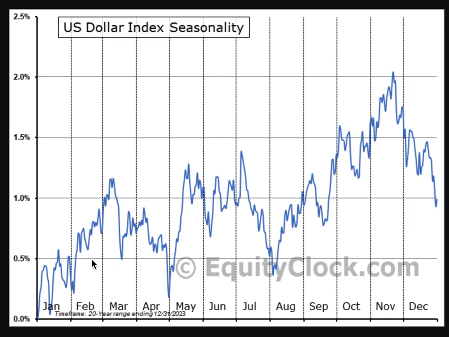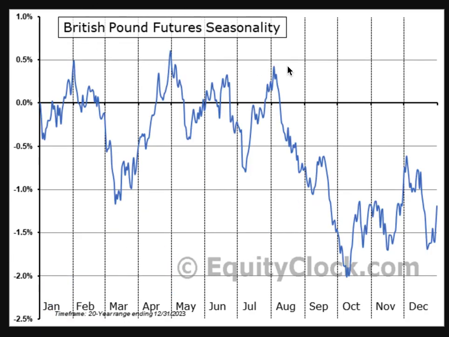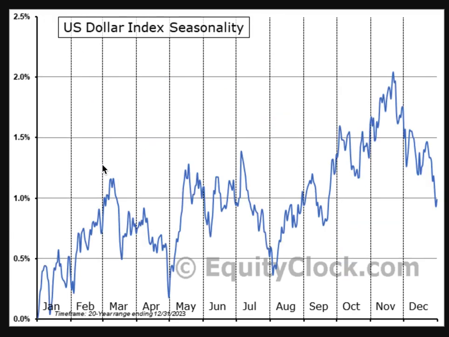So for instance, February, right? I'll just go back to the pound chart. February, British pound futures seasonality, the start of February till the middle of March. There's a huge decline. It's a line chart, but it's still taking out lows, big sell-offs. So what would we be expecting in dollar is sharp moves up, taking out highs, between the start of February and the end of March.